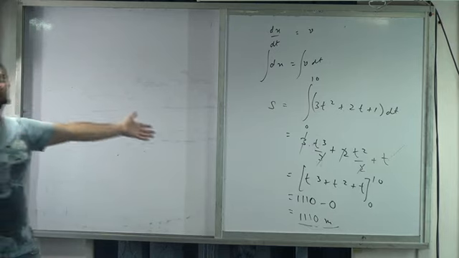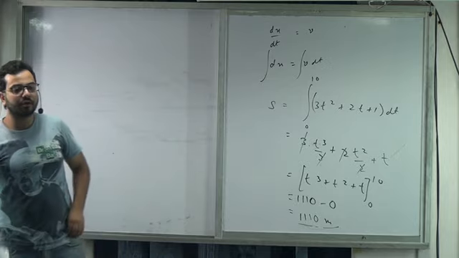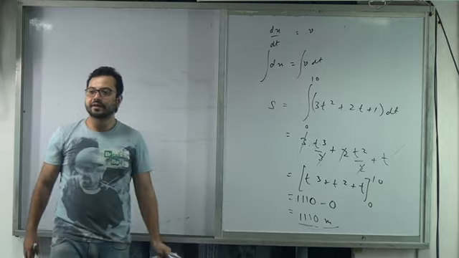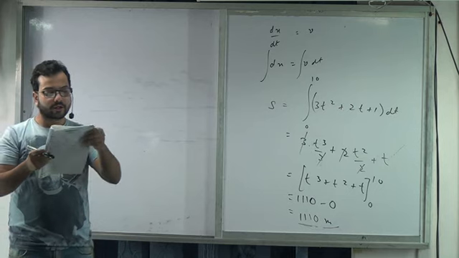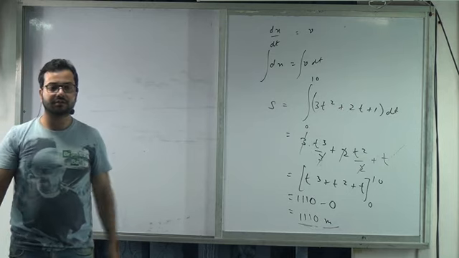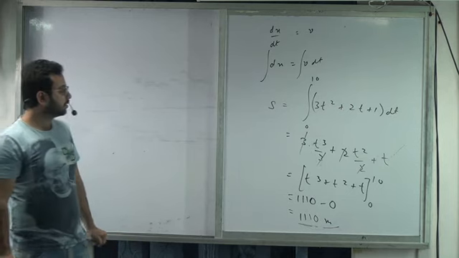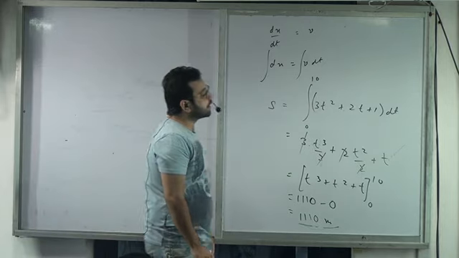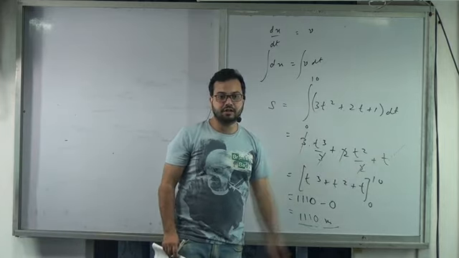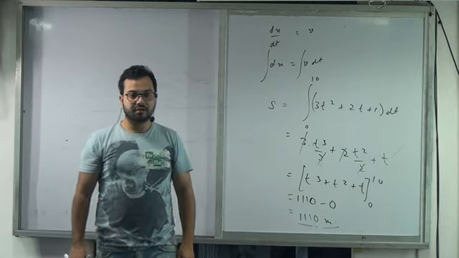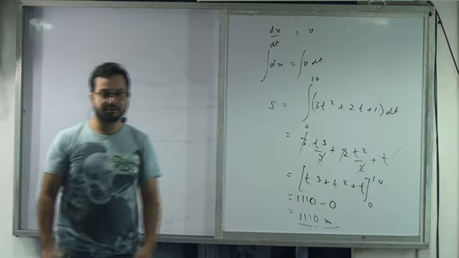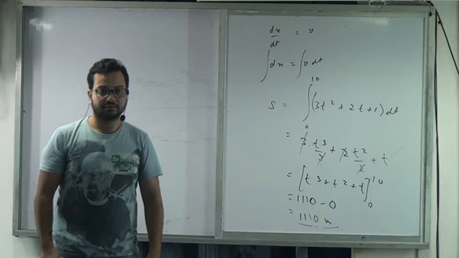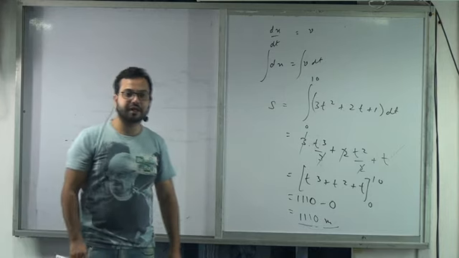Alright, but it does not mean I have not put the limits. I've obviously put the limits. Alright, is that clear? Okay. Now try question number 6. Without putting the limits, you'll have a plus c. You have a constant of integration. How do you solve that? You'll have to find the constant of integration, right?